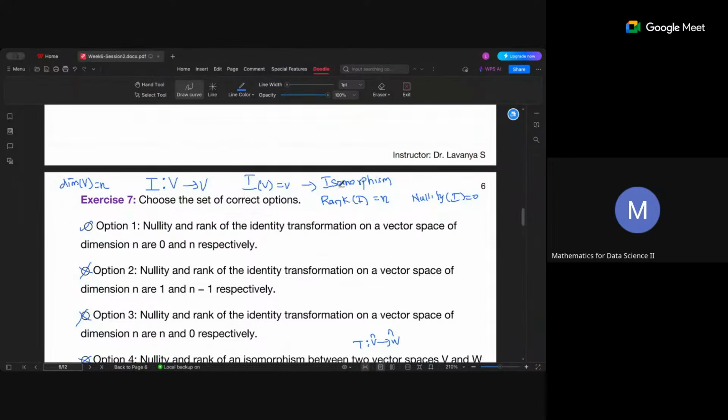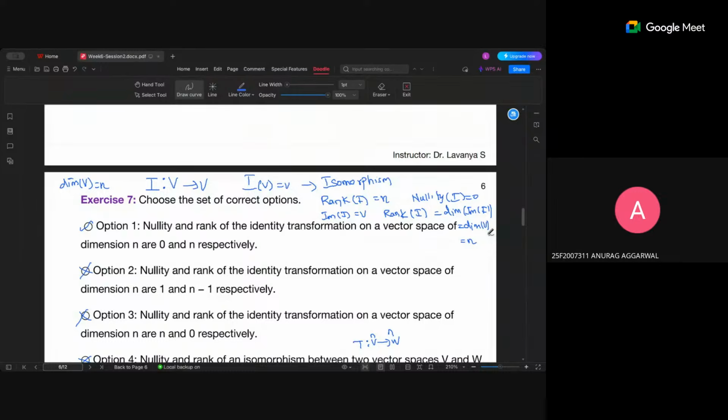What about if it is an isomorphism? It is onto, right? If it is onto, you know that the image of I is the entire V, right? And so rank of I is nothing but the dimension of the image of I, and the image of I is nothing but V, and the dimension of V is n.